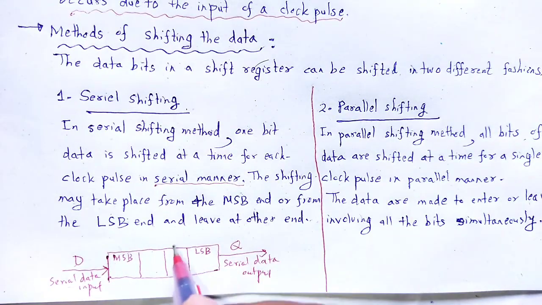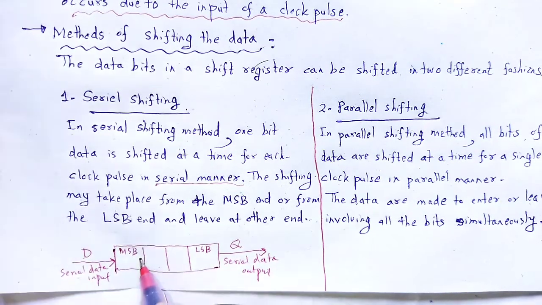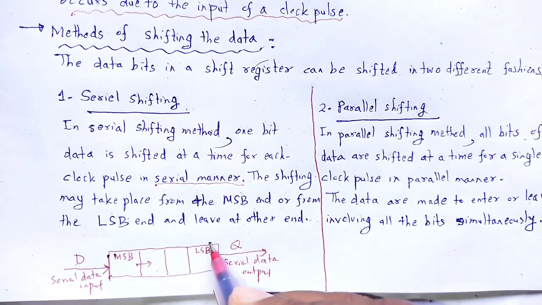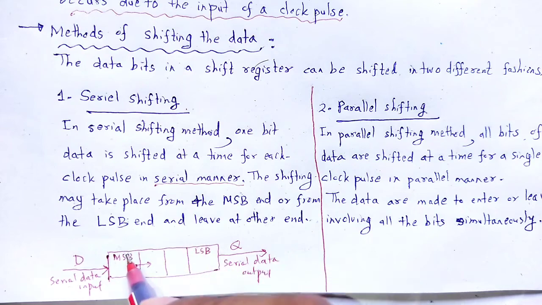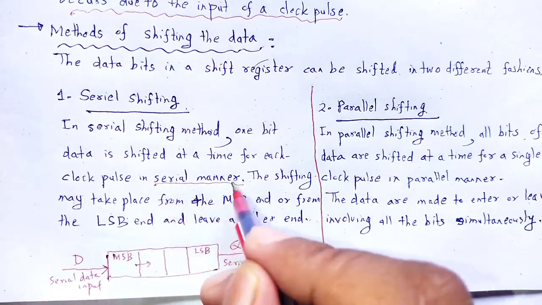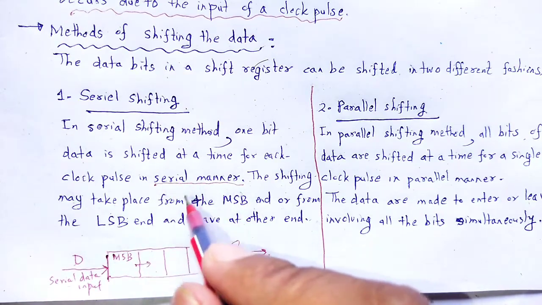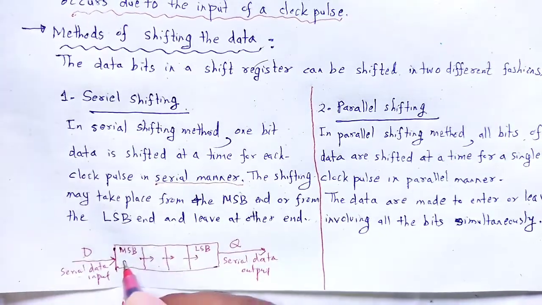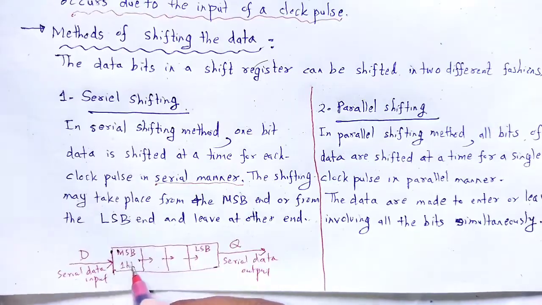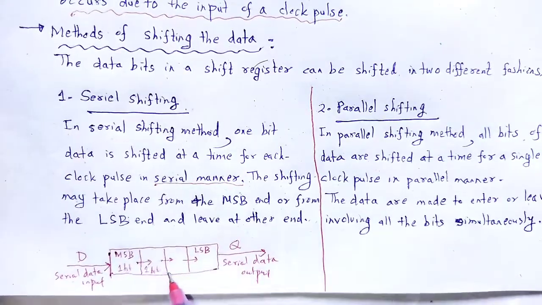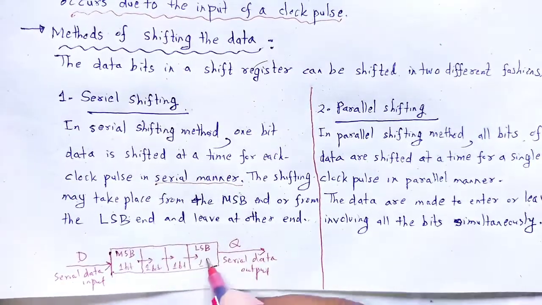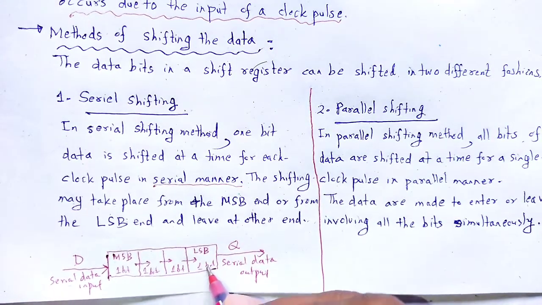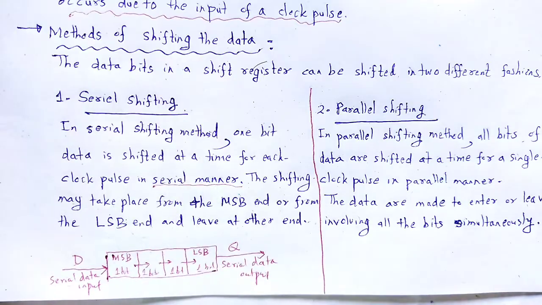So data is transferred serially, either from most significant bit to least significant bit or least significant bit to most significant bit, but the manner of data shifting is serial. One bit here, one bit here, also one bit, one bit: 4-bit data transfer. The method of shifting is serial shifting.